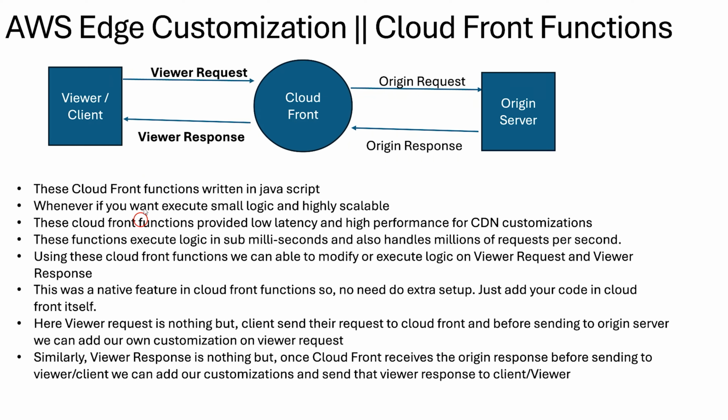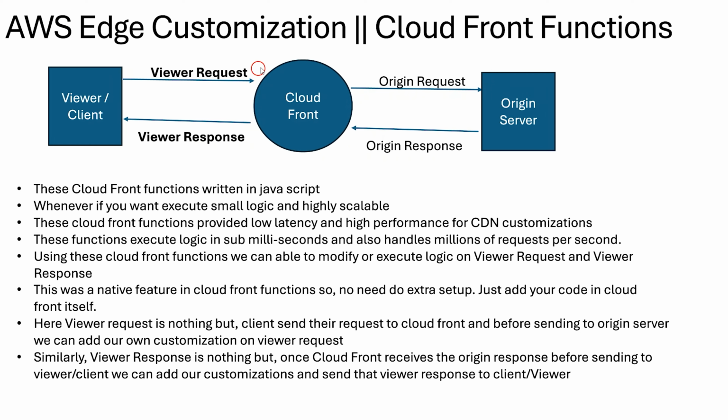And now we will see what this viewer request and viewer response are. I think I have already explained it and given you some more details. So here the viewer request is nothing but the client sending its request to CloudFront. Before sending it to the origin server, we add our customization on the viewer request.